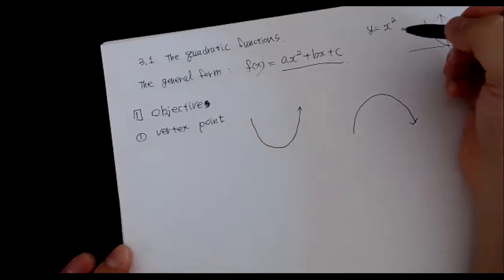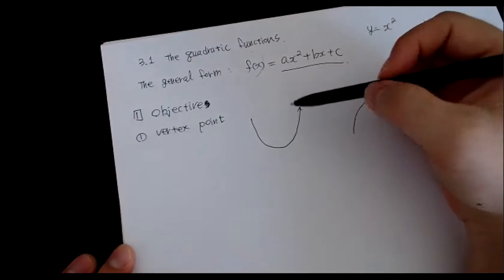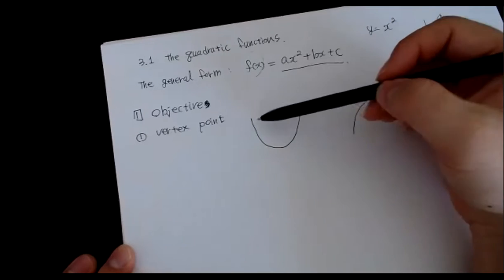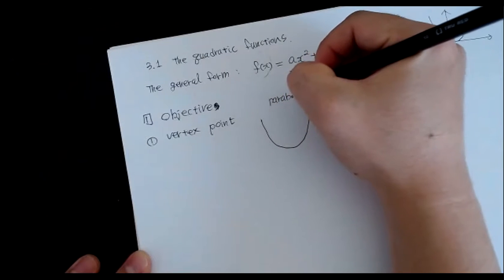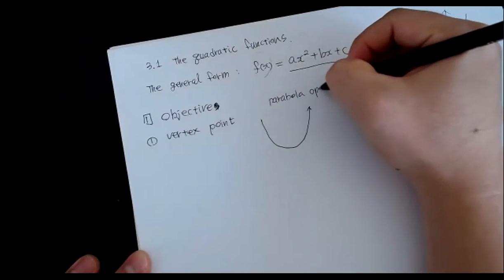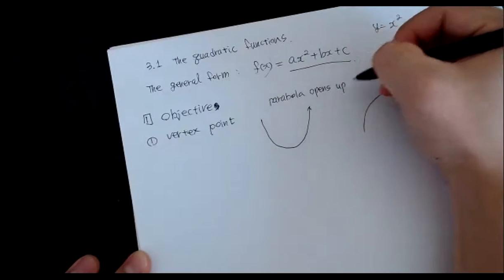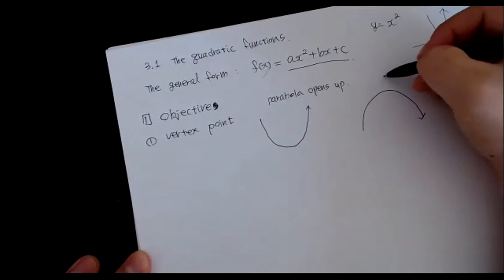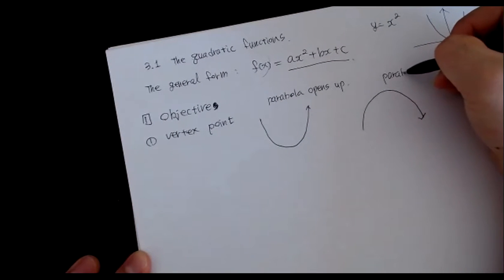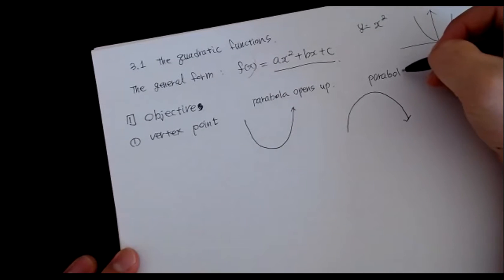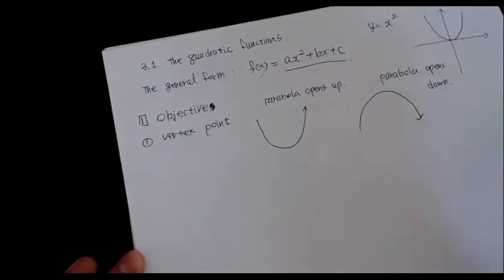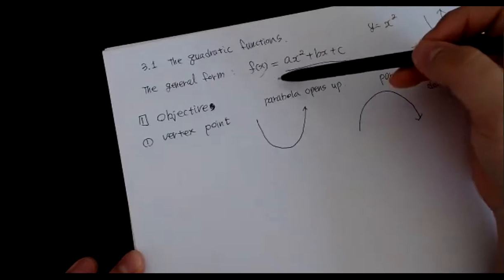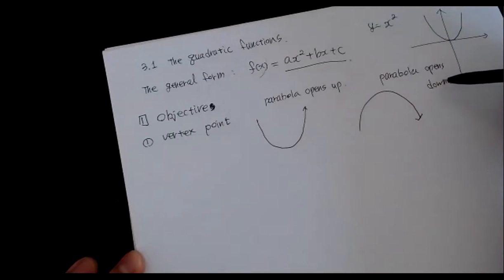Okay, so under what circumstance is the graph of a quadratic function a parabola that opens up? Let me write it down. Actually upward, and this is a parabola that opens downward. So under what circumstance does the graph of f of x open up and open down?